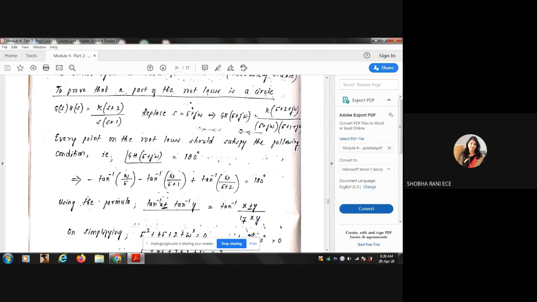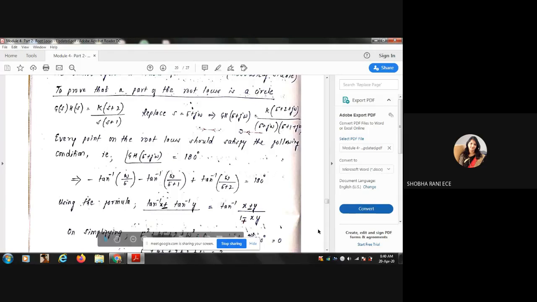In this equation I have taken the real parts together. So the numerator is sigma plus 2 plus j omega, and the denominator is sigma plus j omega, and here sigma plus 1 plus j omega. I just rearranged the terms in such a way that I have the real parts on one side and the imaginary parts on the other side.